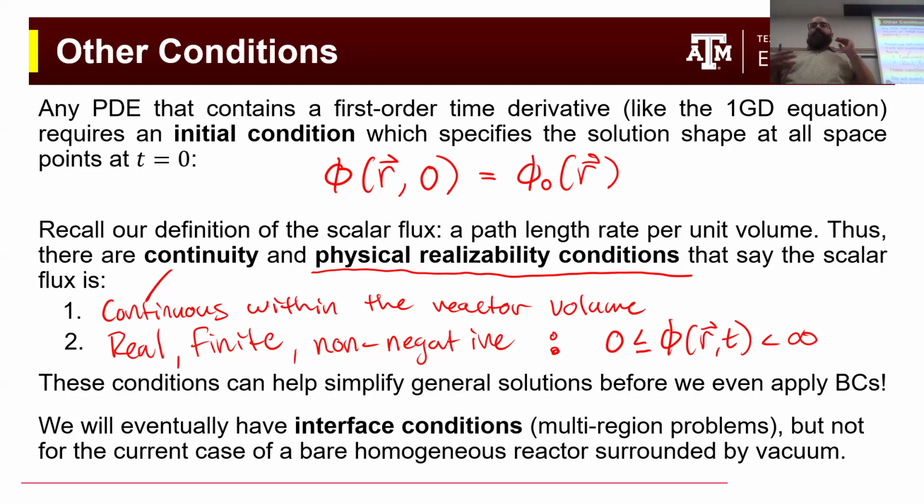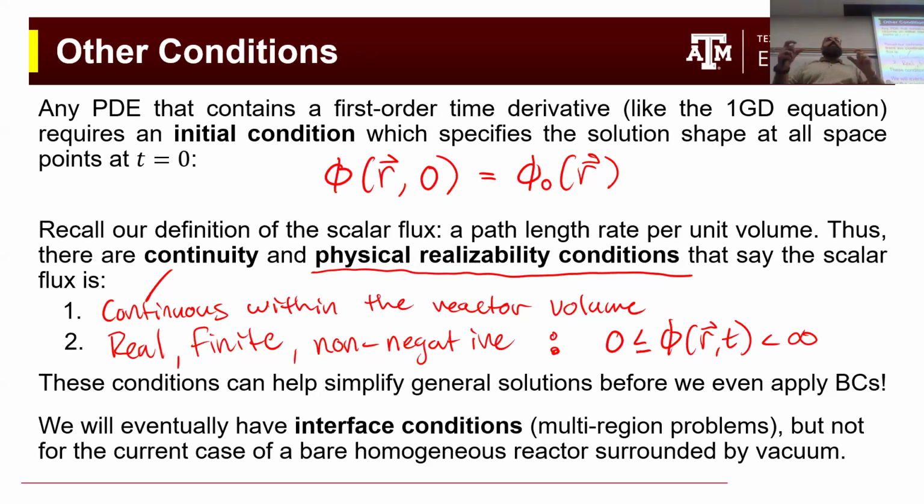So that's what we mean when we talk about the continuity condition and the physical realizability condition. These conditions can help us simplify and get closer to our solution, and they can help us eliminate certain solution forms if they would end up violating either of them.